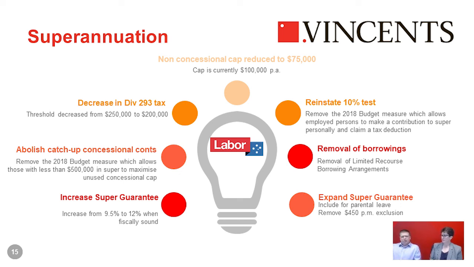One of the interesting policies that Labor have introduced or have mentioned that once again relate to this housing affordability notion is the removal of limited recourse borrowing arrangements inside self-managed super funds. Now, I can foresee some horse trading, if you like, with this measure, insofar as at this stage they've only said that they're going to get rid of all borrowings.